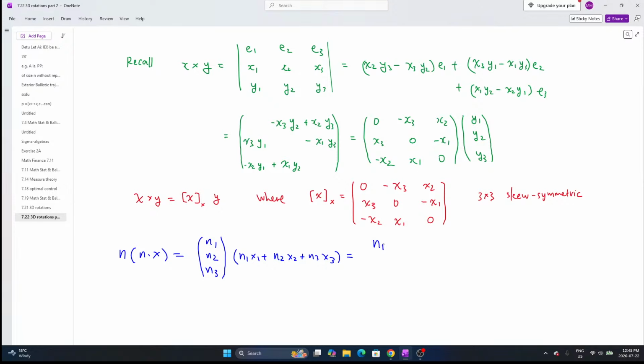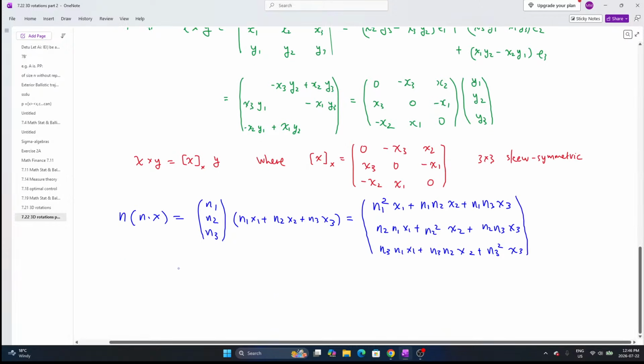So if you have n1 times n1, that's n1 squared x1 plus n1 n2 x2 plus n1 n3 x3, and then you have n2 n1 x1 plus n2 squared x2 plus n2 n3 x3. Lastly, you have n3 n1 x1 plus n3 n2 x2 plus n3 squared x3.